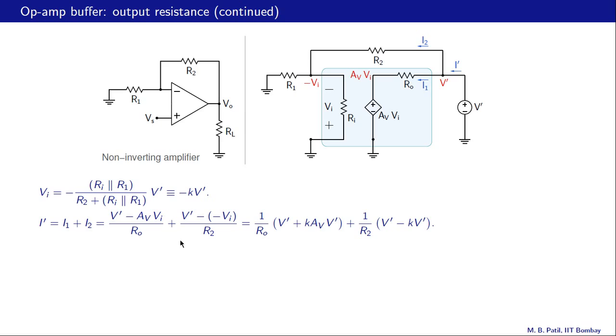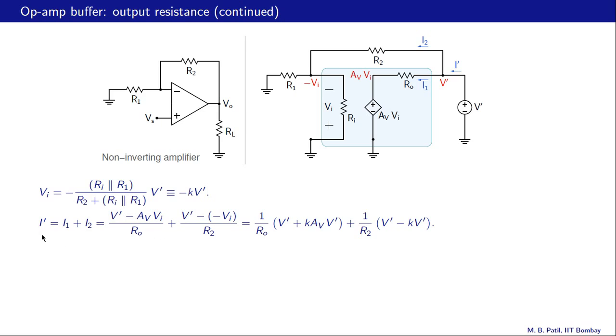And this Vi we can replace with minus K V prime. So that gives us I prime equal to 1 over RO times V prime plus K AV V prime, this term here comes from here, plus 1 over R2 times V prime plus Vi, and Vi is minus K V prime. So 1 over R2 times V prime minus K V prime. So that is our I prime.